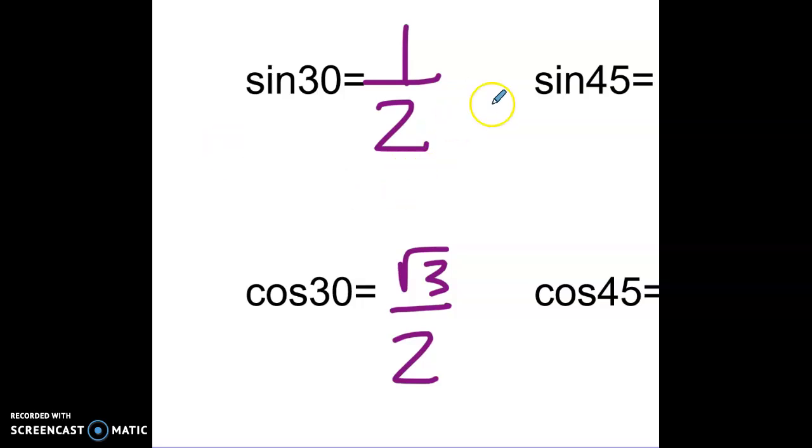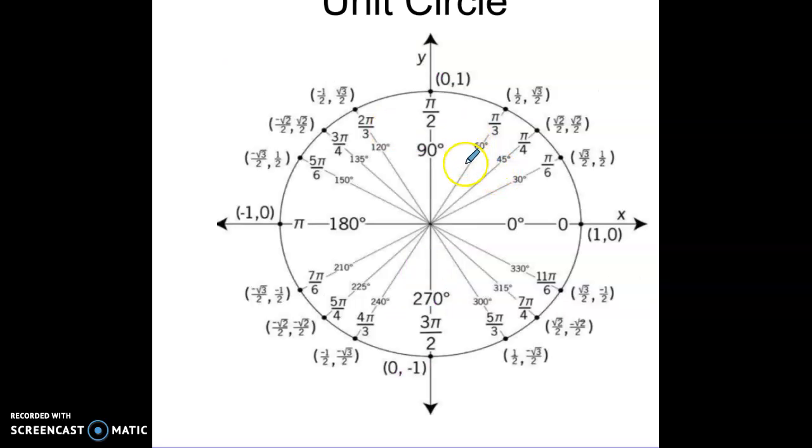On the assignment, you will also be asked to find the cosecant, the secant, the cotangent, and the tangent of those. So the unit circle is going to be very helpful for you then too, because you could just look on here and use those triangles, knowing that the sine is the same thing as the y value and the cosine is the same thing as the x value.